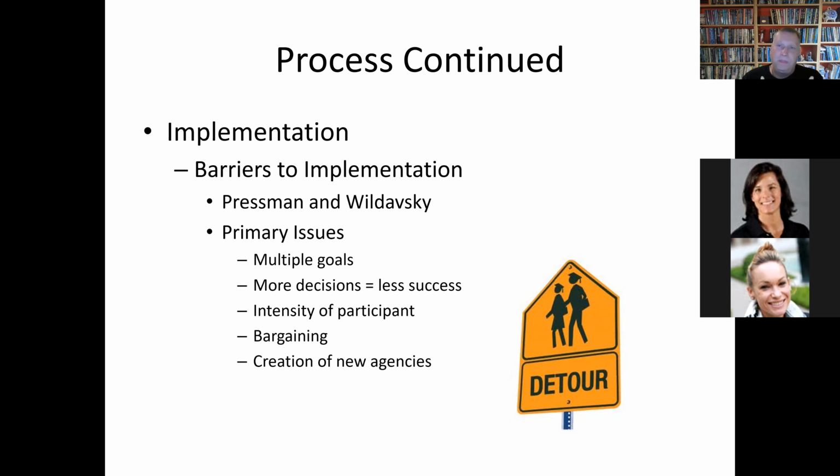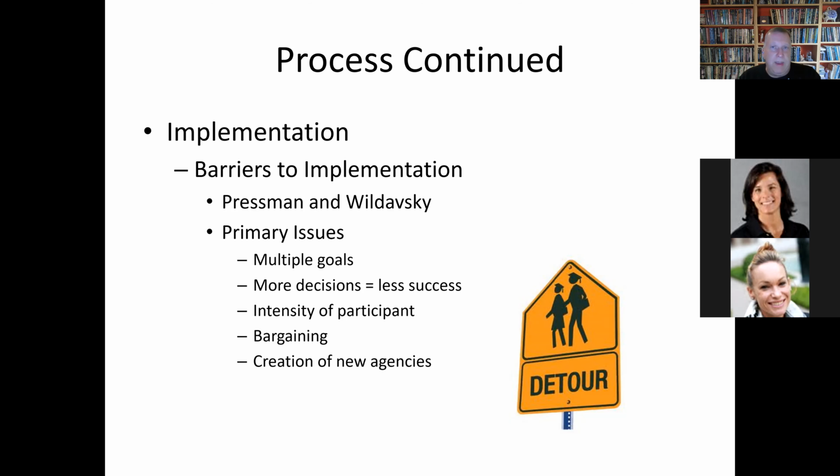As we know, there's really a bleeding over between the two phases in the role of administrators, both in formulation as well as implementation. But it still falls upon administrators to implement these policies in accordance with the directives that they receive from the elected officials from the policy formulation part of the process.